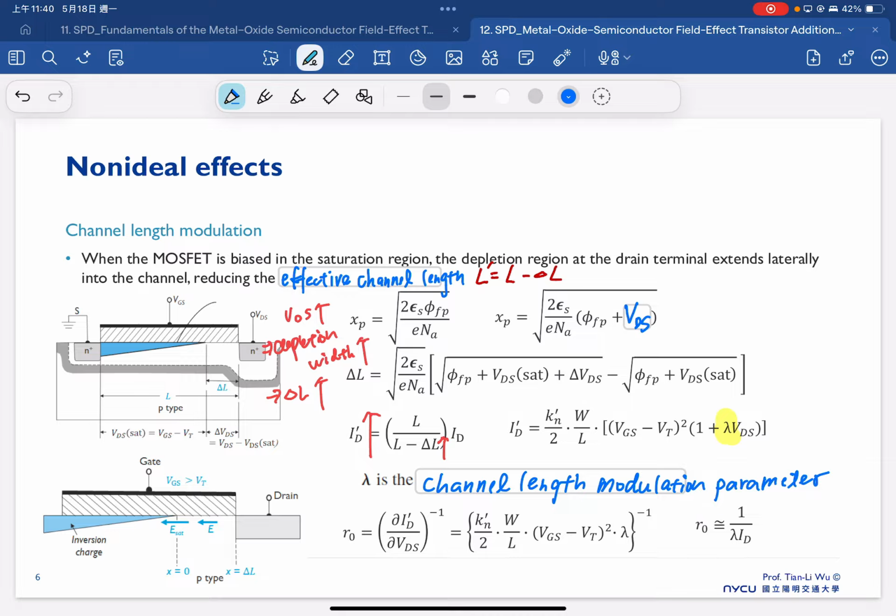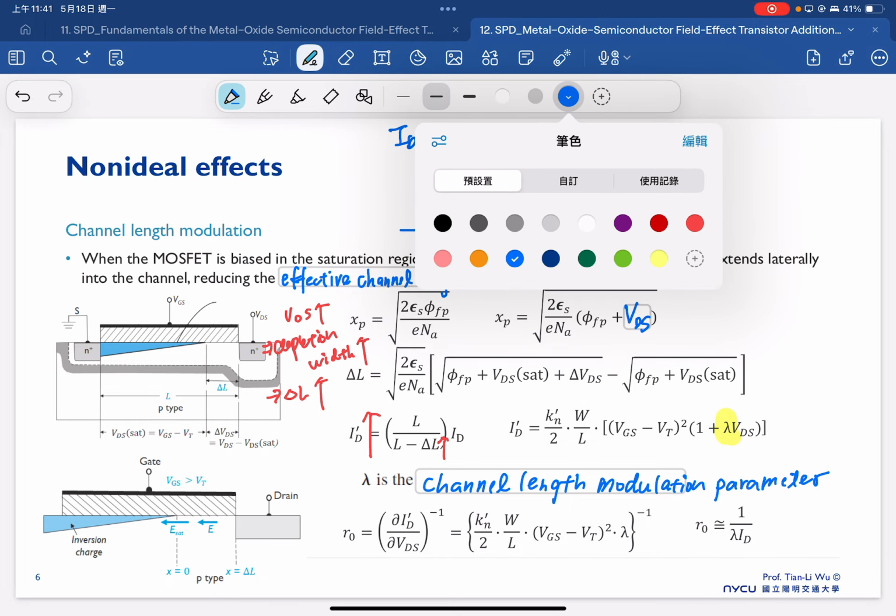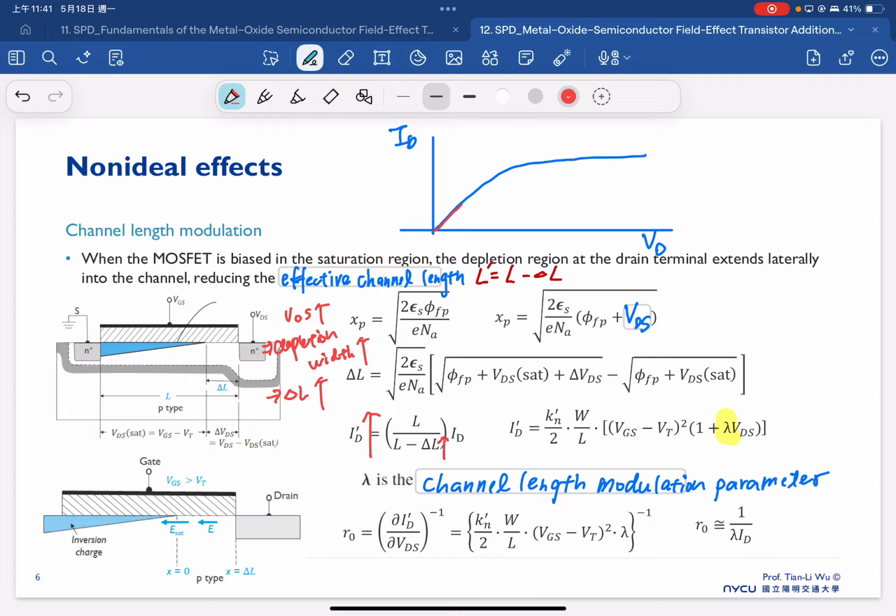So in the end, what is the actual influence on our ID-VD characteristic? Imagine you have an ID-VD characteristic. From the previous chapter, we know you should have the linear and saturation regions. But now if we consider the channel length modulation, you will see less saturation, where the curve will become like this one.